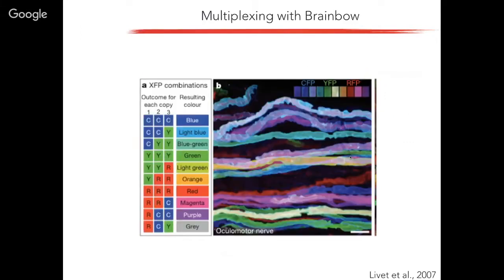So the inspiration for our approach actually came from a technique developed by Jeff Lichtman and Josh Sanes, published in 2007, called Brainbow. The idea is that to make the tracing easier, it would be convenient if the axons had different colors, if you could color code them.